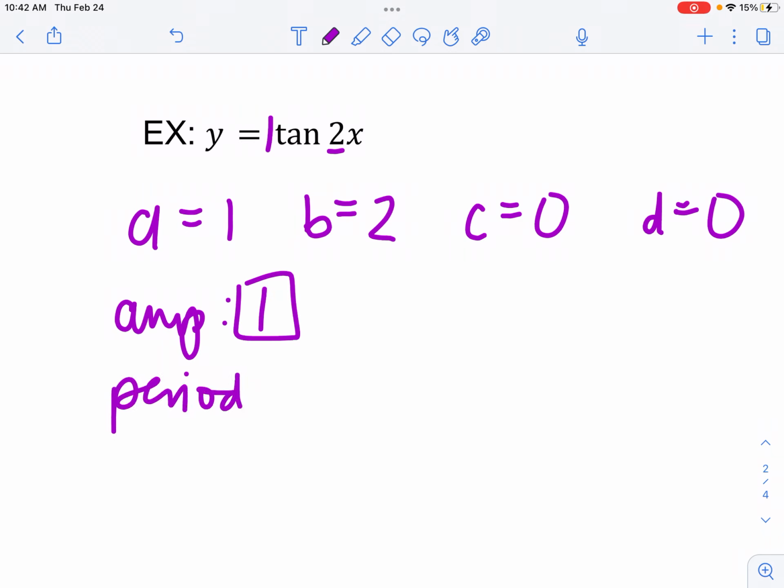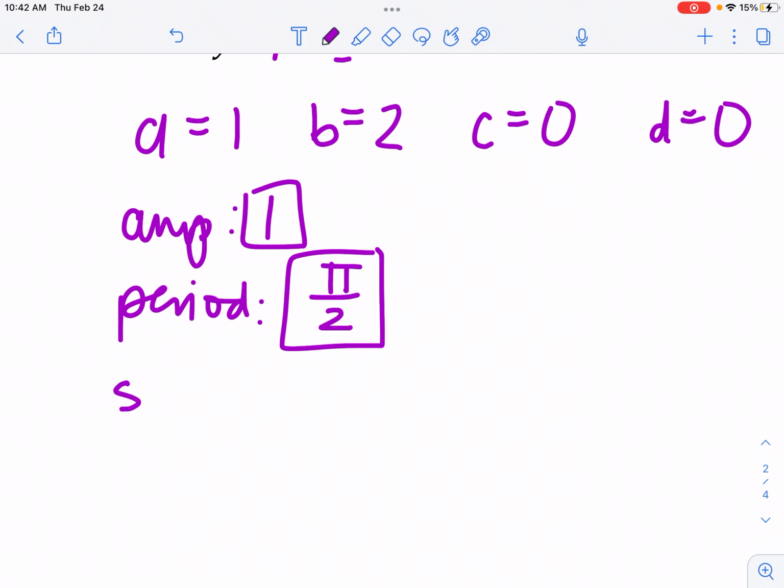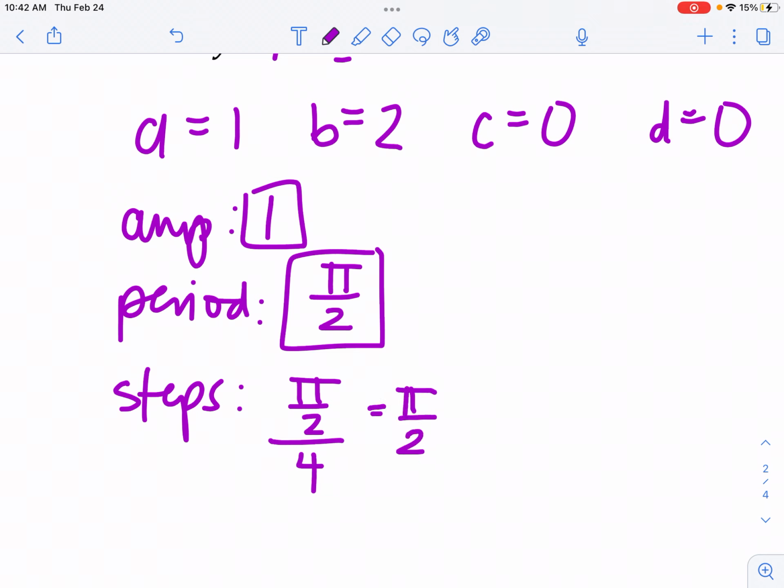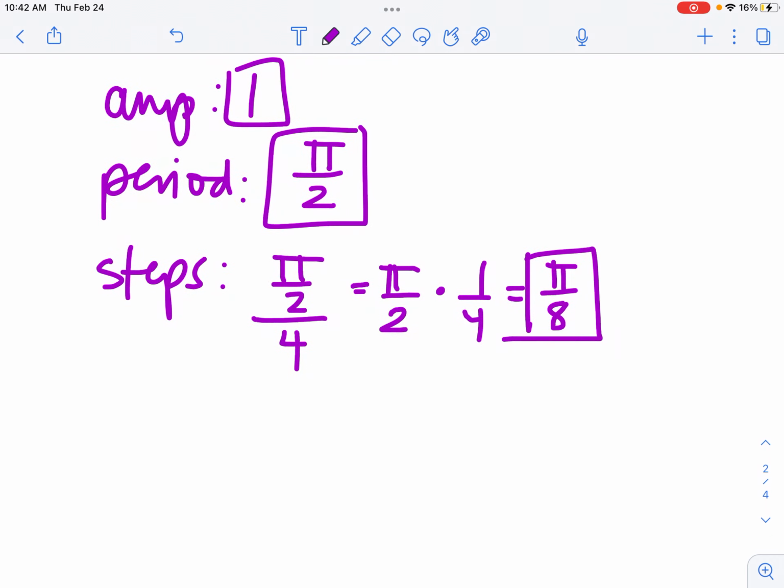Period is pi divided by B, so pi over 2 this time. My steps are going to be my period divided by 4, which is the same thing as my period times 1/4, which is going to be pi over 8. That's fun. Okay. Now, what comes next?